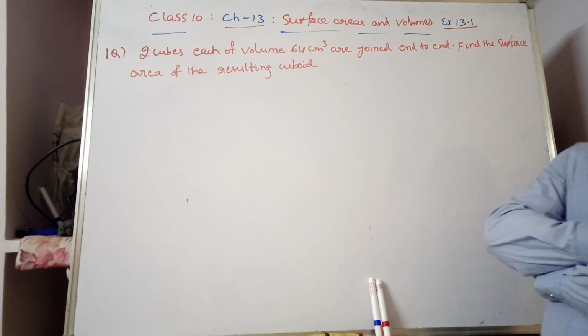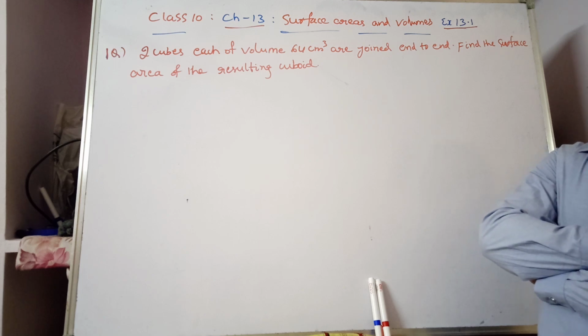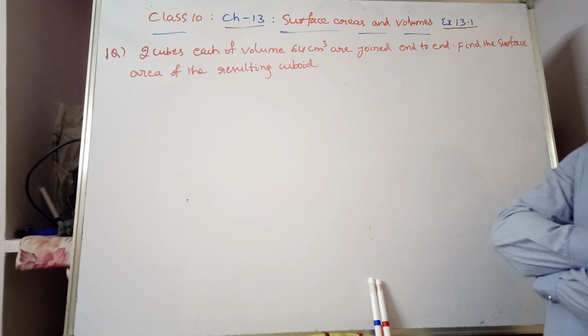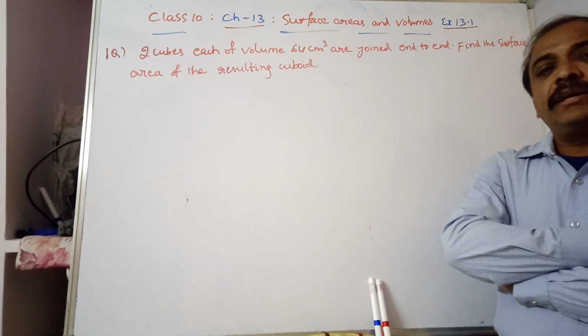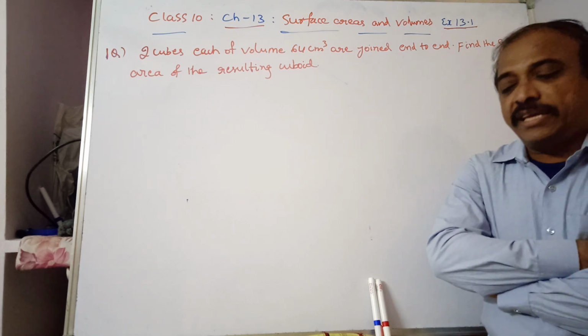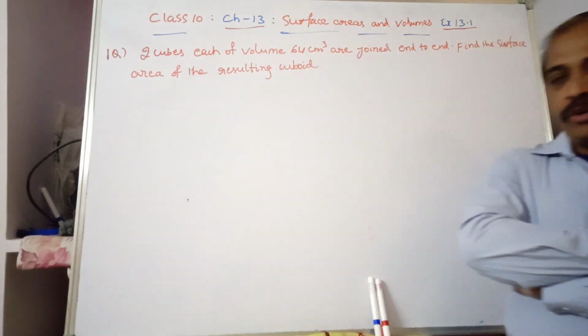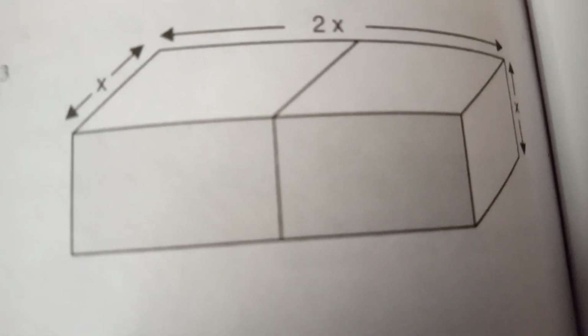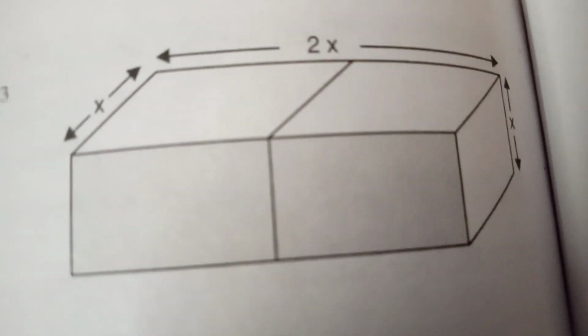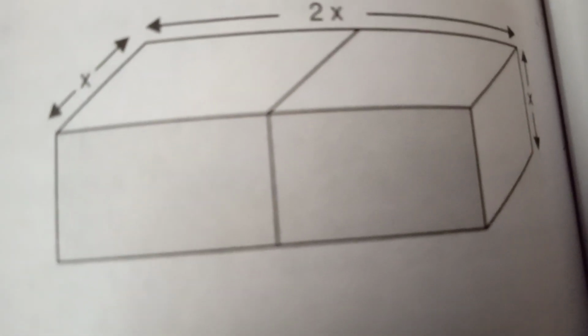Two cubes, each of volume 64 centimeter cube, are joined end to end. Find the surface area of the resulting cuboid. Here you can see how the two cubes are joined end to end.